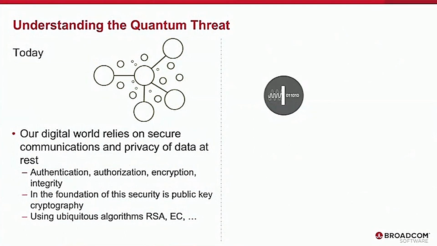If we look at where we are today, we have an extremely interconnected digital world that relies on secure communication channels and privacy of data at rest. Things like authentication, authorization, the encryption of data, the integrity of these communications. At the foundation of all of that is public key cryptography, or asymmetrical crypto.